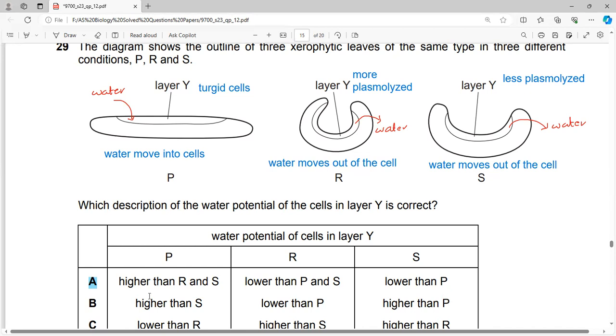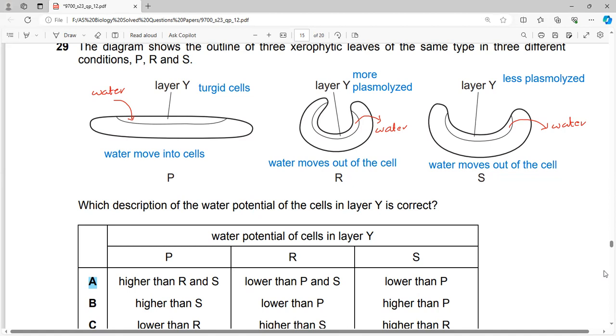P is present in a dilute solution, R and S are present in a concentrated solution, but the concentration for R is more as compared to S. That's why R is losing more water. So the water potential in the cell of R is lower than P and lower than S. In S, the water potential is only lower than P, and greater than R. So that's why A is our correct option here.